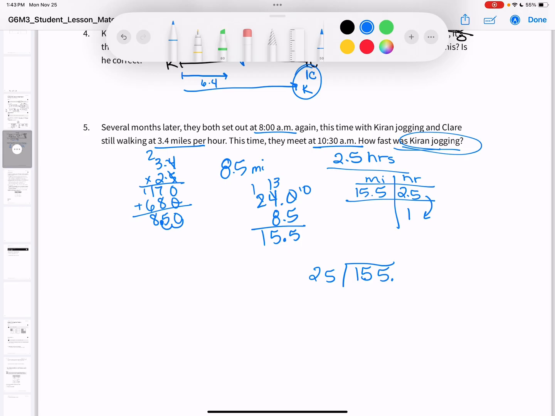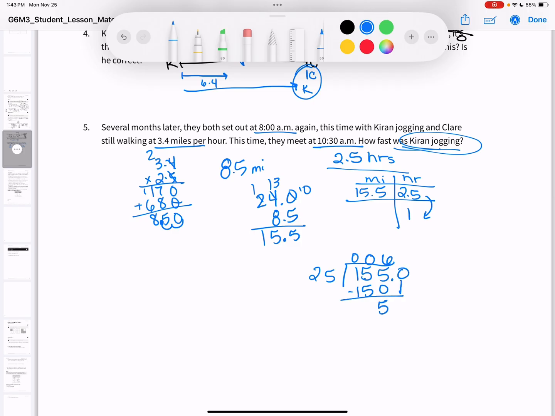So that gets me, so 25 goes into 1 0 times. 25 goes into 15 0 times. 25 goes into 155 6 times. 25 times 6 is 150. And that leaves us with 5.